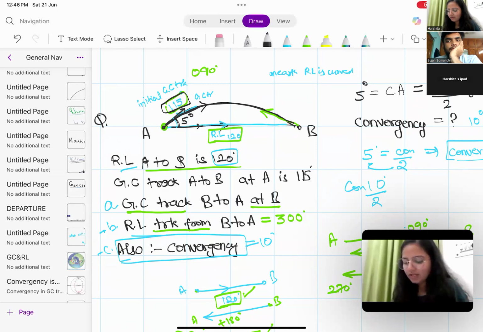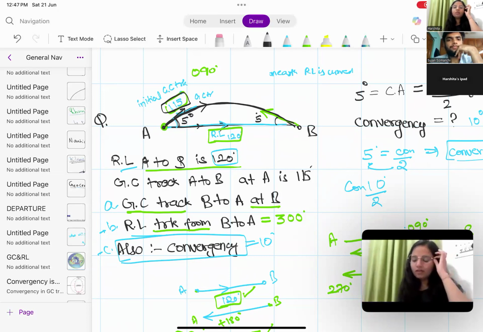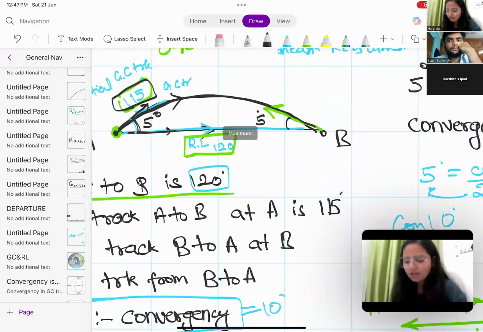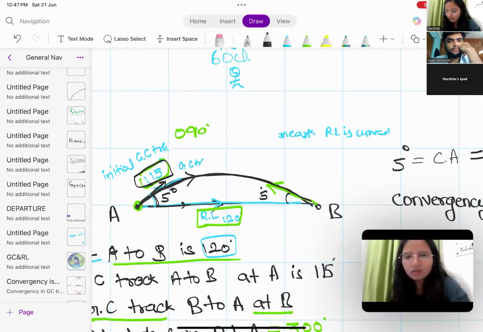If this angle is 5, this angle is also going to be 5. There are n number of ways to solve this problem. We'll discuss two of them. How can we solve this particular problem? This angle is 5 degree. This angle is also 5 degree. This direction is 120 degree. Then this direction is 300 degree. We just found it out, right?